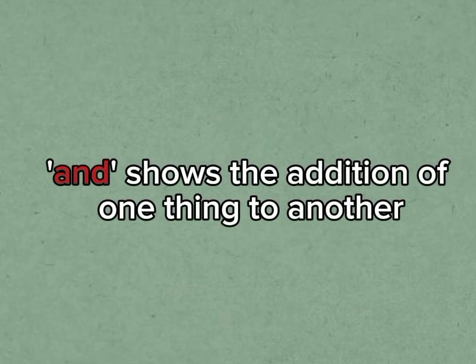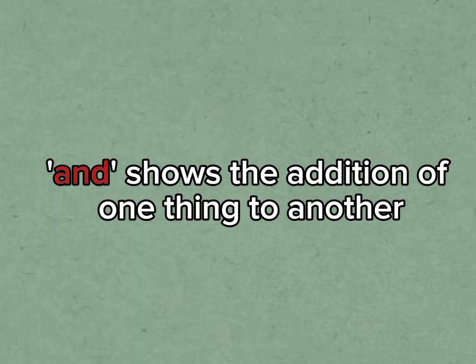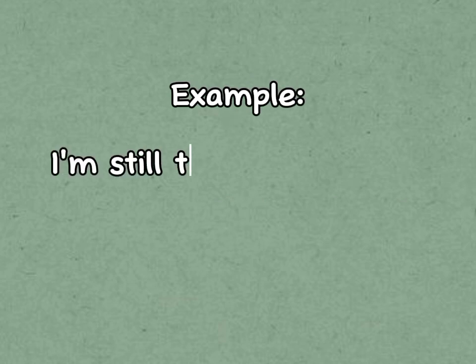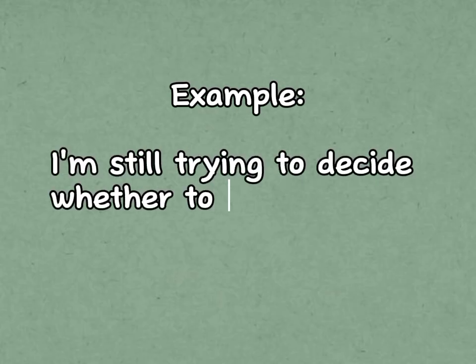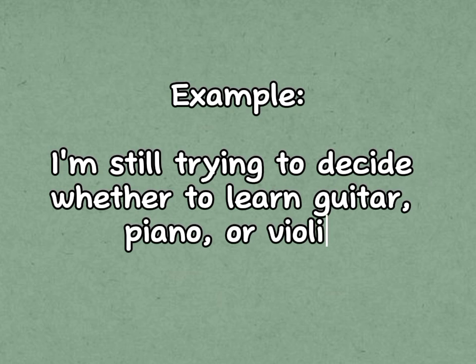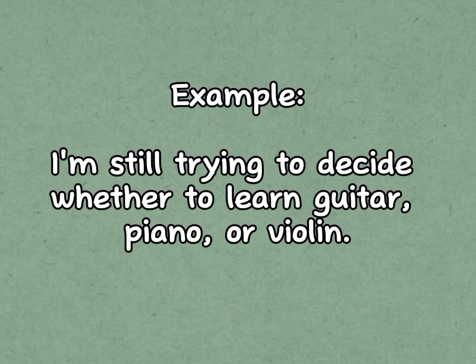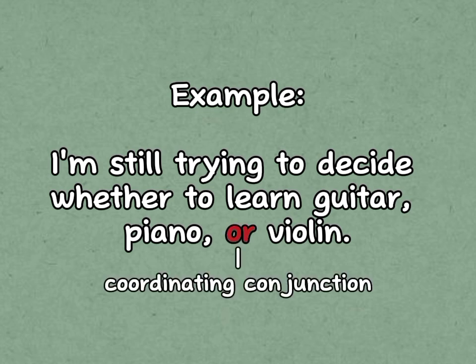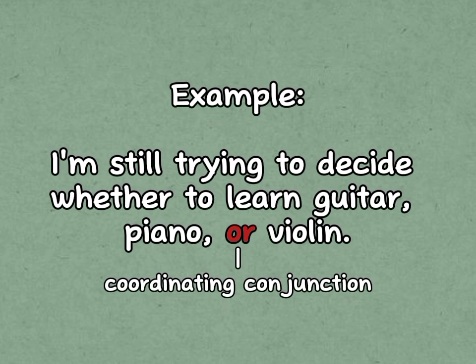The coordinating conjunction "and" shows the addition of one thing to another. Another example is, I'm still trying to decide whether to learn guitar, piano, or violin. Here, "or" is our conjunction, and it is called a coordinating conjunction.